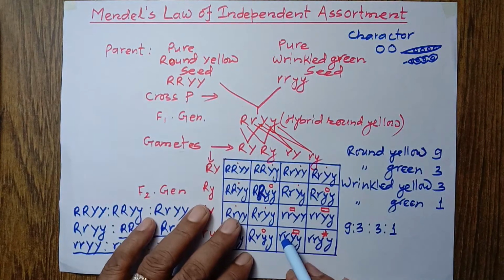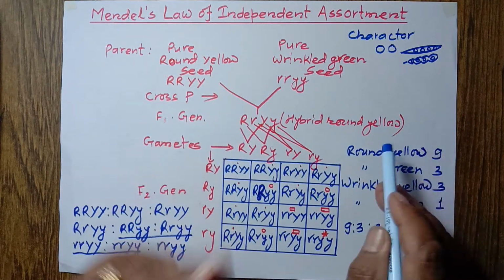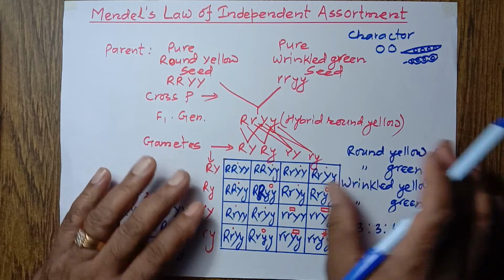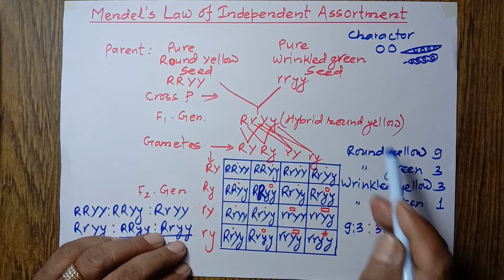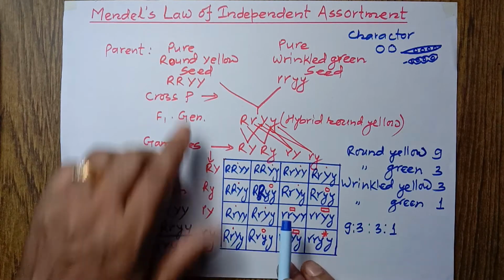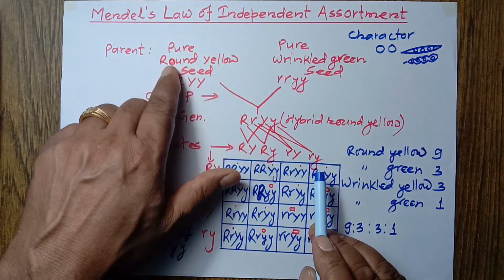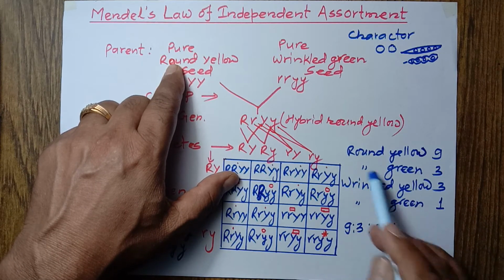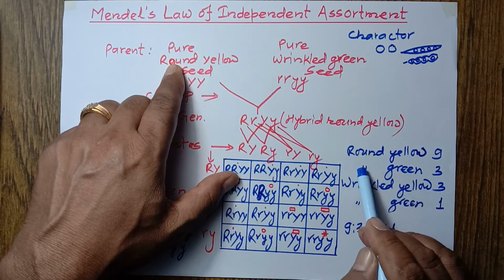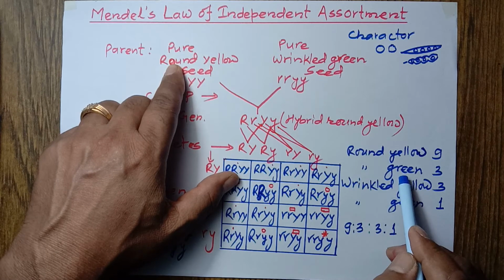And what is found in the first generation? All of them were round yellow. Nothing was told at that time. I mean to say, it cannot give any idea. But in the second generation, what is found? Round seeded pea plants are found to be green also.